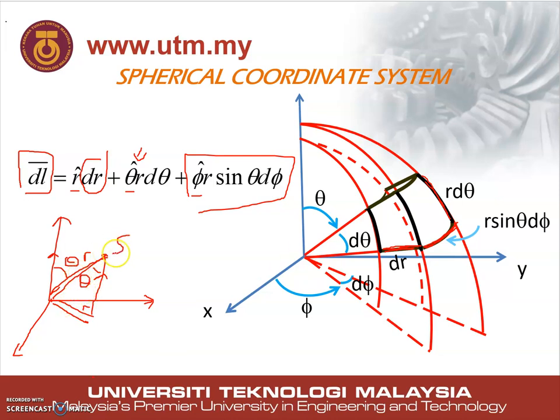So we have sine theta equals, let's say we put this as b, over r, the hypotenuse. So we get b equals r sine theta.